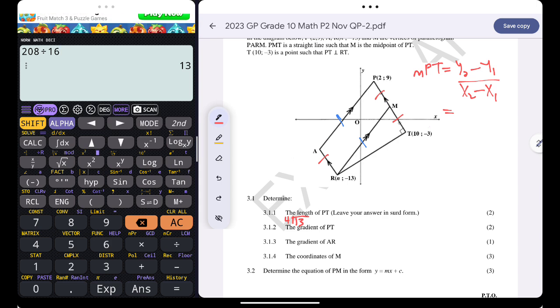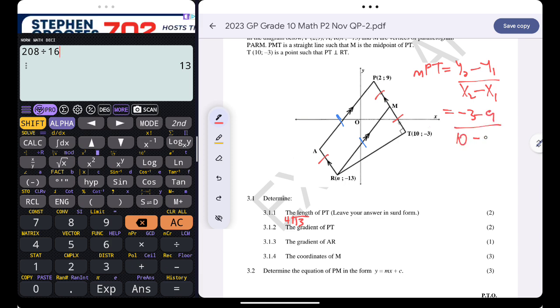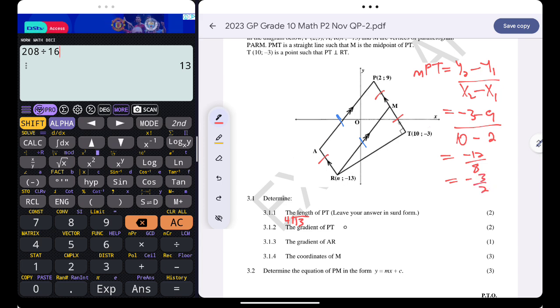I can take the y value at point T minus the y value at point P, all over the x value at point T minus the x value at point P. I'll get negative 12 all over 8, which is just negative 3 over 2. So the gradient of PT is negative 3 over 2.